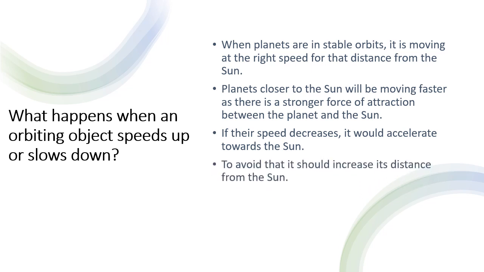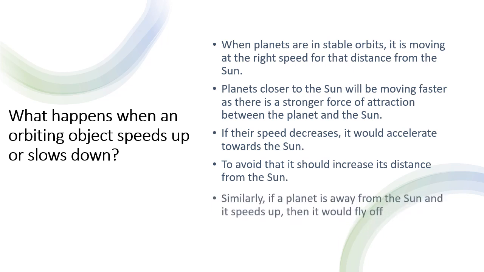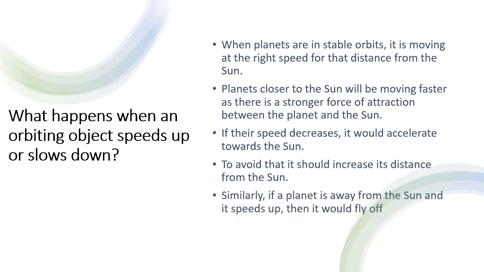To avoid that, the planet should increase the distance between the planet and the sun. So whenever the speed of an orbiting object decreases, if the speed decreases, they should increase the distance.